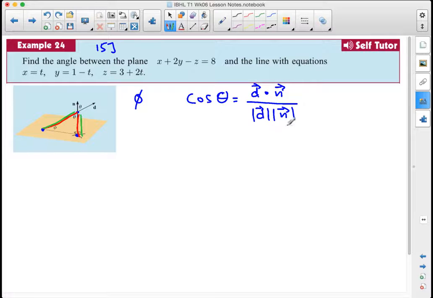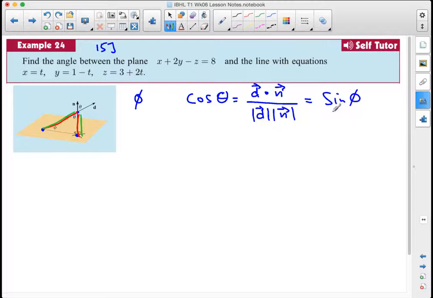So this whole thing here is actually the same as the sine of phi. So we're doing the same thing as finding the angle between two lines, but instead of doing the arc cosine at the end, we will do the arc sine at the end and find the angle between the plane and the line.